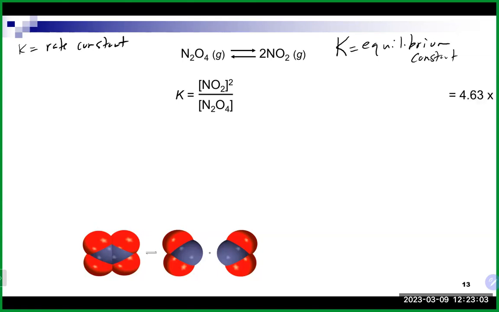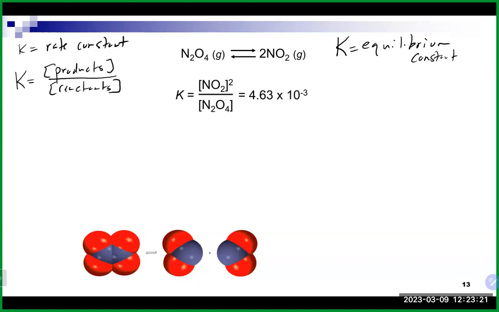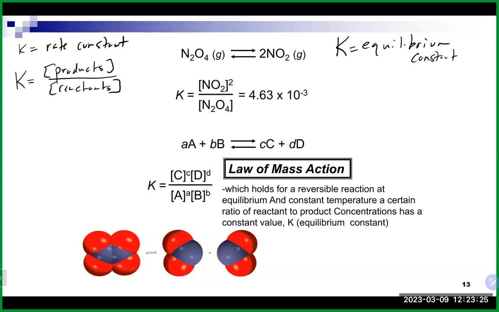For this particular reaction here, to calculate the equilibrium constant, it's basically the concentration of our products divided by the concentration of our reactants. So that is essentially how you calculate the equilibrium constant for any reaction.